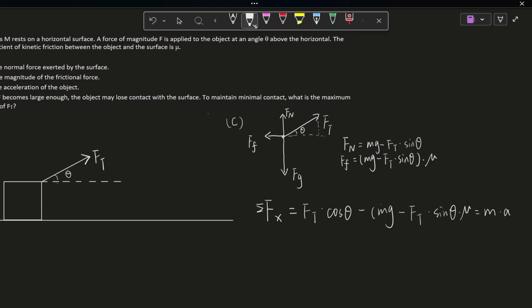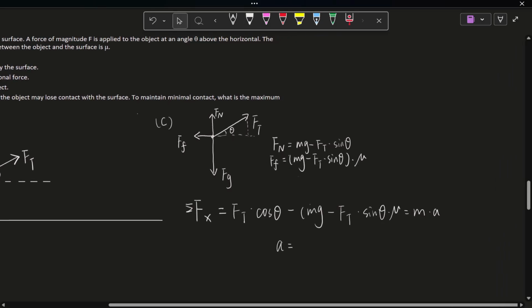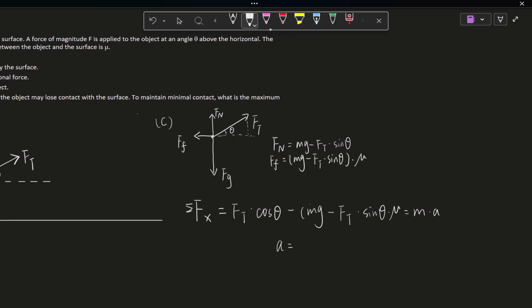We can simply divide m on both sides, which gives a is equal to Ft times cosine theta over m, minus g mu, plus Ft times mu sine theta over m.